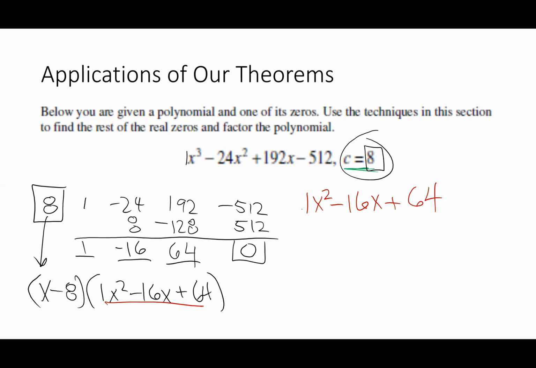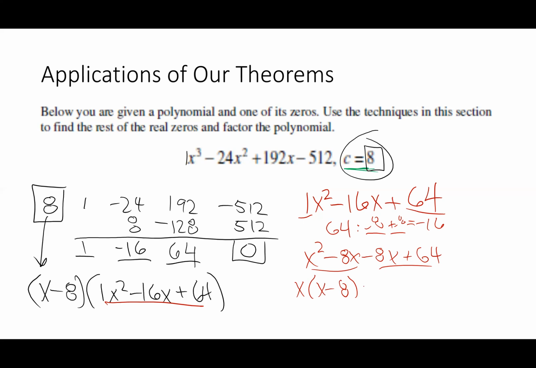Okay, so what I do first is I multiply 1 and 64, and I'm looking for things that multiply to 64 that add up to negative 16. After a little bit of thought, I get -8 and -8. So I've got x squared minus 8x minus 8x plus 64. I do my grouping, and so I get x minus 8.